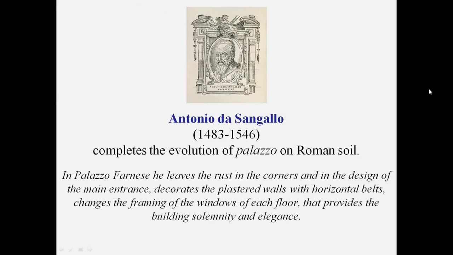Antonio da Sangallo was an architect who completed the evolution of the palazzo on Roman soil. In Palazzo Farnese, for example, he leaves the rustication in the corners and in the design of the main entrance, decorates the plastered walls with horizontal belts, and changes the framing of the windows on each floor, which provides the building solemnity and elegance.